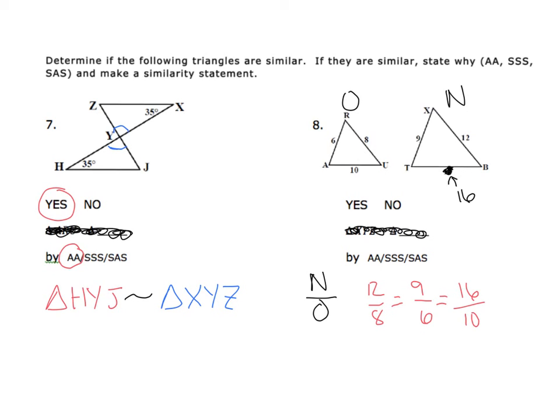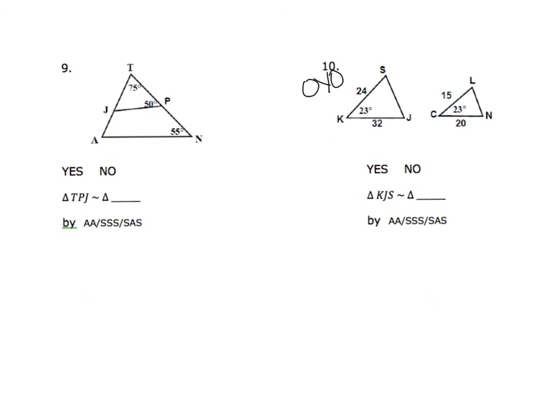All right, when we reduce them, we get 3 over 2. Yes, 3 over 2. And 8 over 5. Well, that's no bueno. So because that one didn't work, the answer would be no, these two triangles would not be similar.